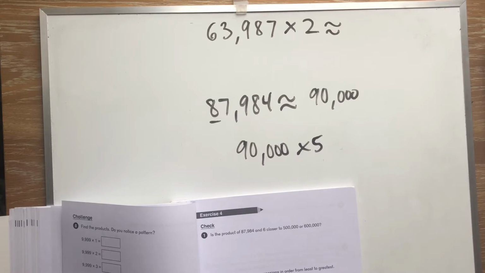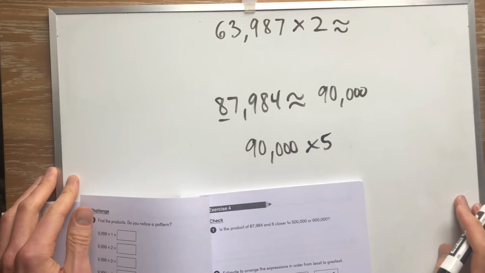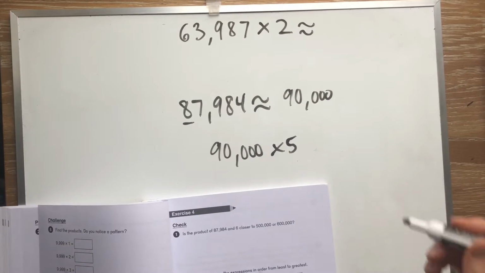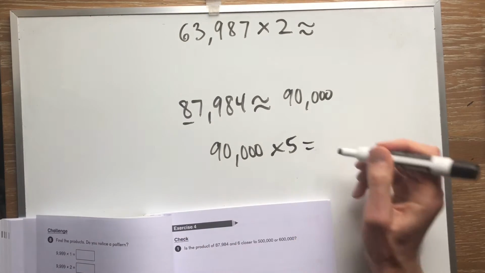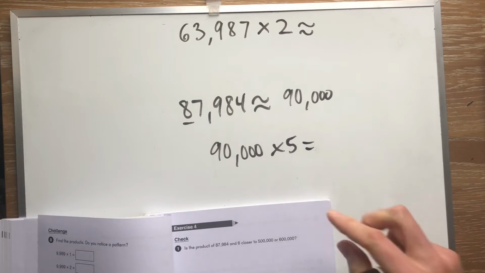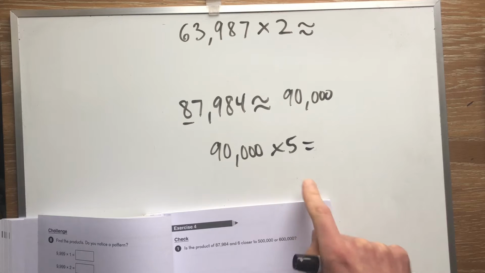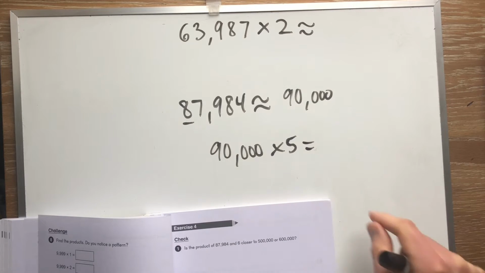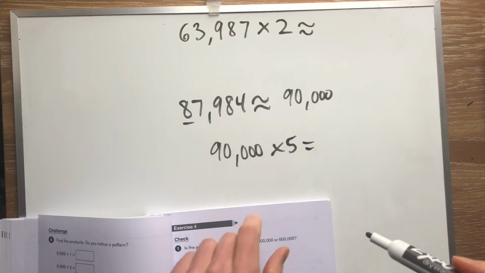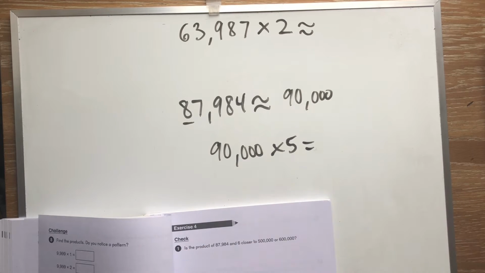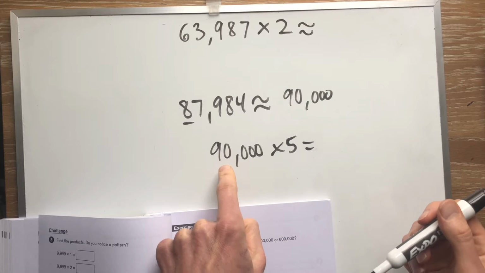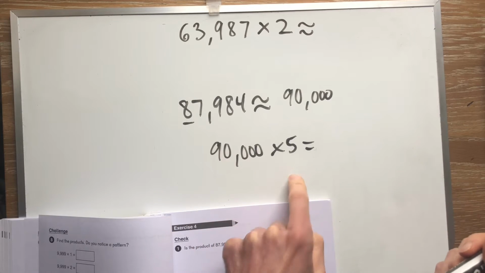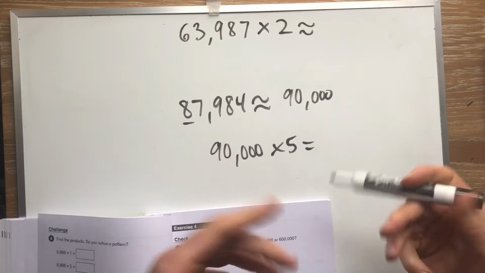So 90,000 times 5, well, let's think about it. The numbers that stand out here are 9 and 5, right? Everything else is just a bunch of zeros. So I would think about what's 9 times 5, because it's really going to be 9 10,000s times 5. Notice how 90,000 is 9 10,000s.